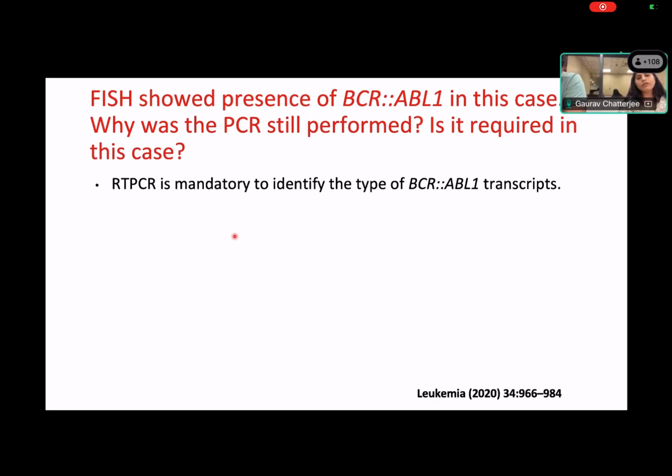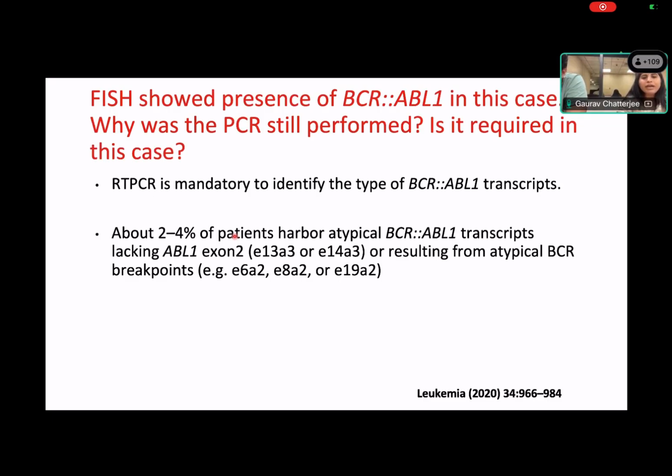So what if we did a quantitative kind of PCR at the diagnostic time point? This won't really help us, because in case it comes positive, well and good, but if it comes negative, it will not help us, because there can be variant transcripts. Like the common translocation of BCR-ABL happens between exon 14 of BCR and exon 2 of ABL.